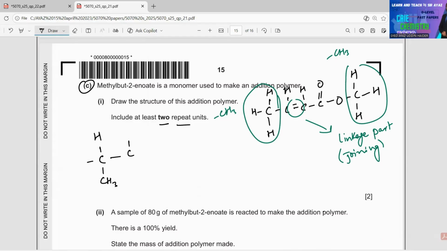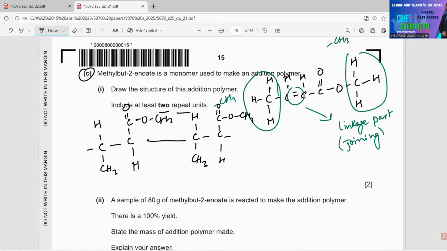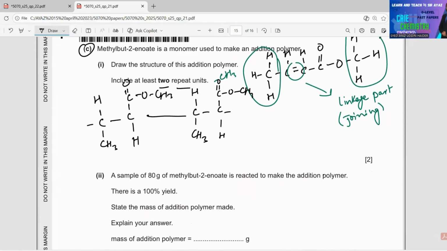So I will write COOCH3 and H, show H. Now show the other repeat unit. I'm using a big line for this one. Now I'm repeating this unit. You have to draw this again simply. And you are having COOCH3 and H for this one. So this will be the final displayed formula for the addition polymer.